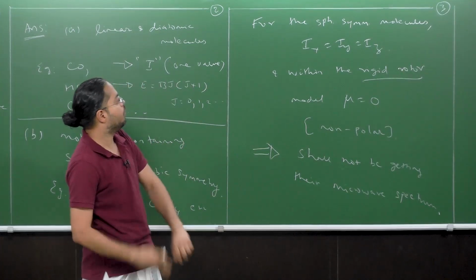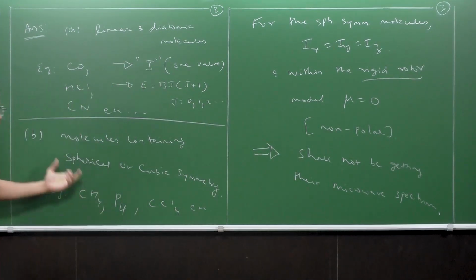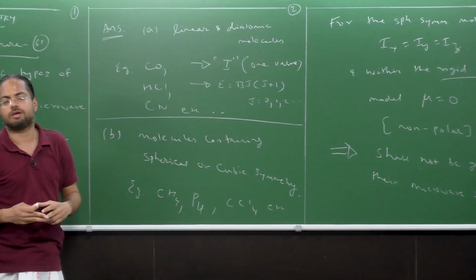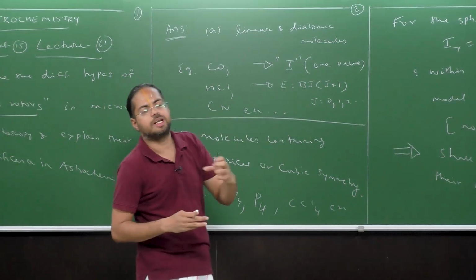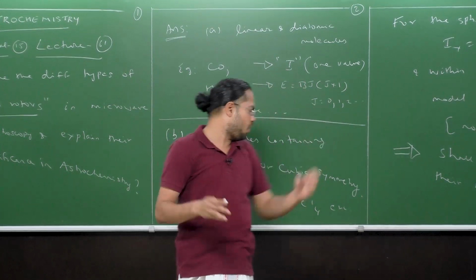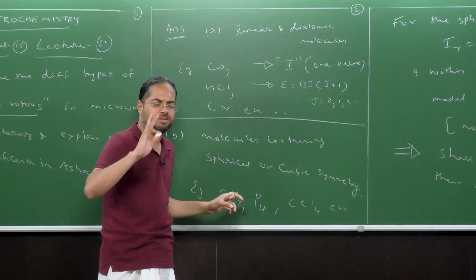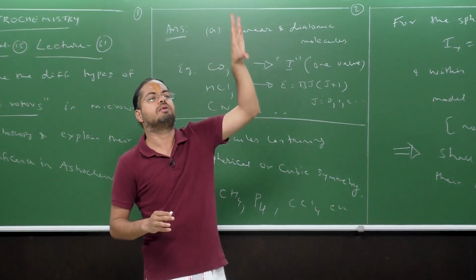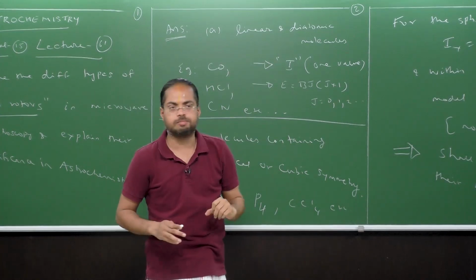Okay. Now, it's very easy to imagine. Like you take, for example, methane. Methane is understood as having carbon at the center of a tetrahedron, right? If you assume all carbon and hydrogens to be point masses, your carbon is going to be at the center of a tetrahedron, and the 4 hydrogens are going to be at the 4 corners of a tetrahedron. All right.